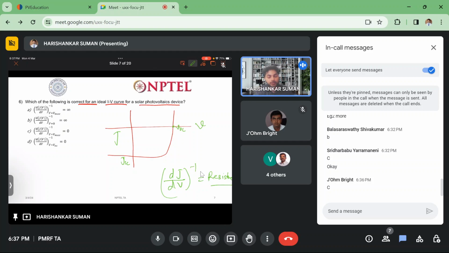Please choose the correct options. This question is about resistance of the I-V characteristic.